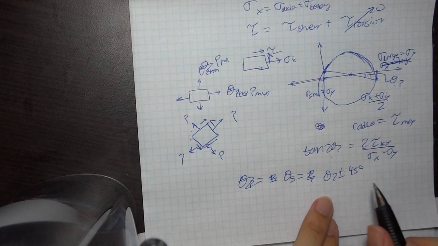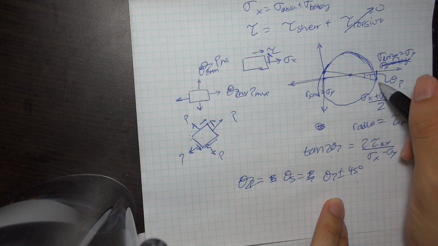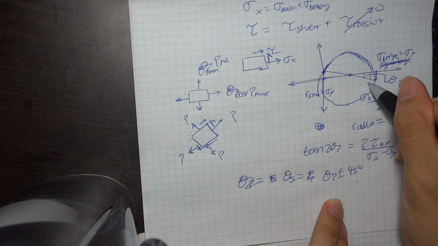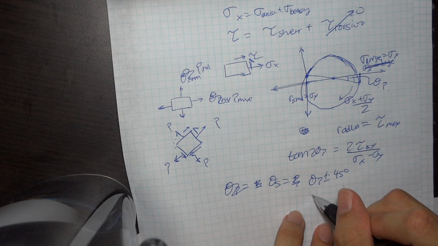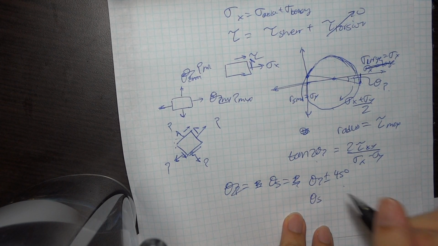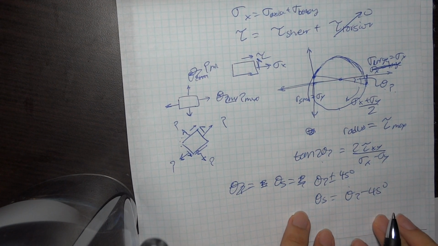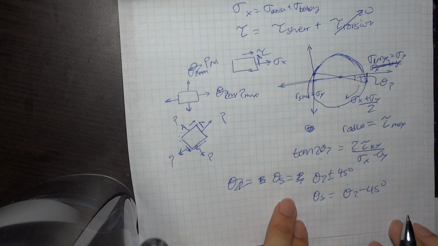And you're going to use whichever one is closer to you. So in our case, it's easier to go from here downwards. So theta s equals theta p minus 45 degrees. It's going this way.